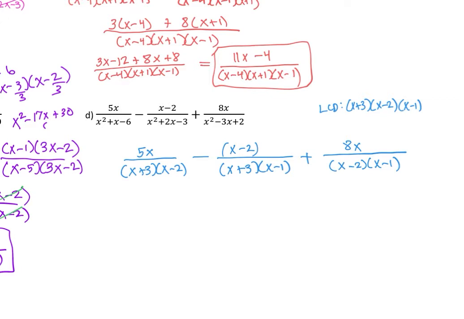So I have x plus 3, x minus 2 on my first fraction. So I need an x minus 1. Okay. On my second fraction, I have an x plus 3 and an x minus 1. I need an x minus 2. And then on my last fraction, I have x minus 2, x minus 1, and I need an x plus 3.